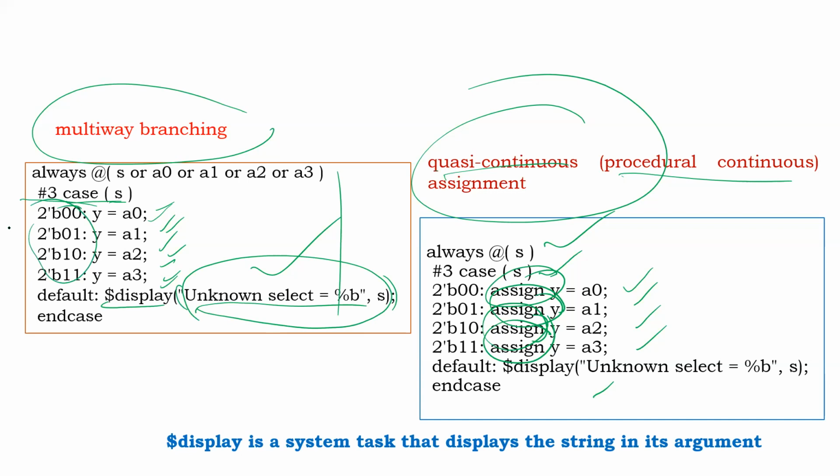Other than these combinations, if any other combination comes unexpectedly, then what happens? It displays this statement. So that's why the display statement: the system task display is a system task that displays the string in its argument.